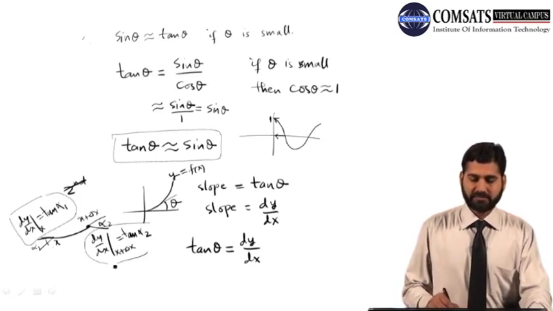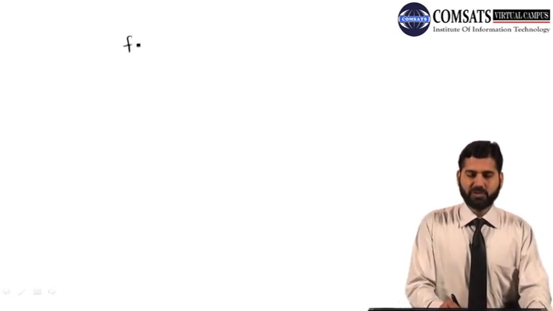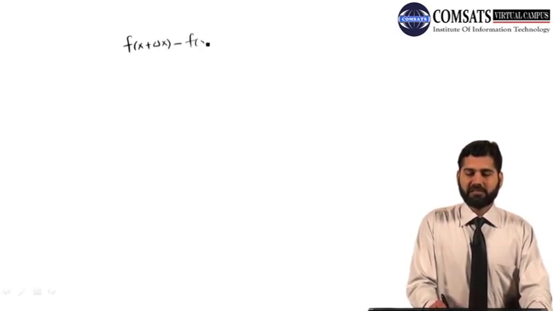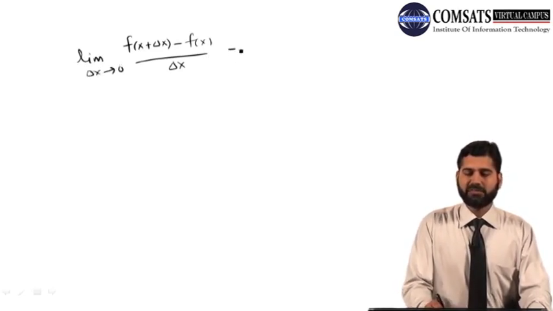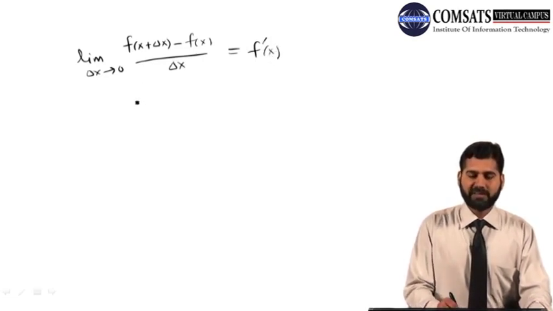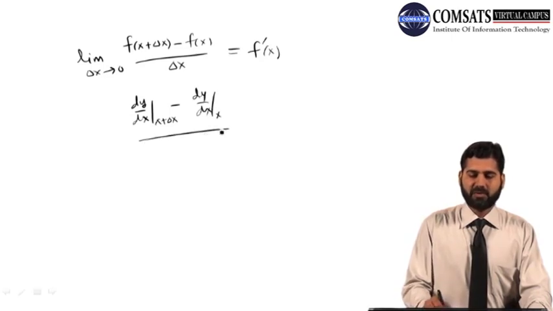All right, at the end we use this definition: f of x plus delta x minus f of x divided by delta x in the limit delta x goes to 0 gives you the derivative of f at x. Right? So what we had was dy by dx at x plus delta x, minus dy by dx at x, over delta x.